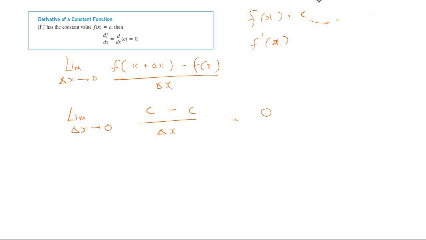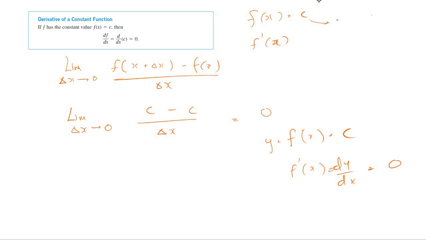So in other words, when y equals f(x) equals c, where c is a constant, y prime or y dash x is equal to dy over dx is equal to 0.